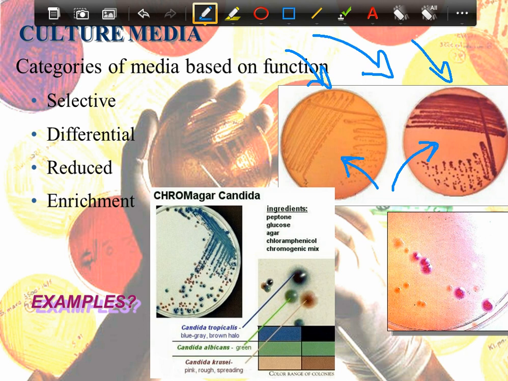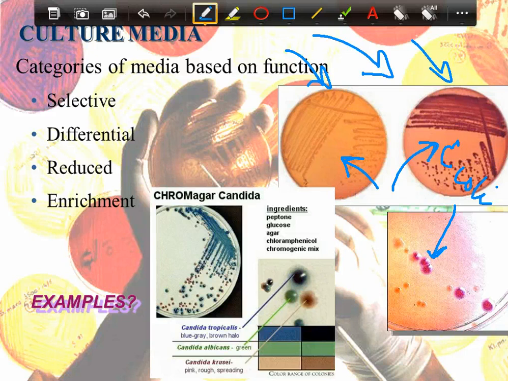Now it started out the same color, but E. coli is able to use lactose sugar. As it's utilizing it, it makes acid, and the acid causes the pH to change in the medium. There's a pH indicator added to MacConkey agar, and it causes the colonies to turn a red, pink, maroon color. You can actually see it in more detail down here.